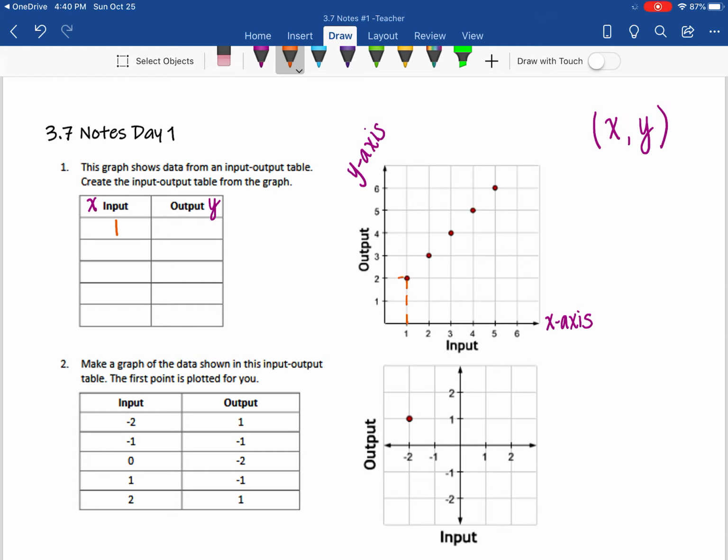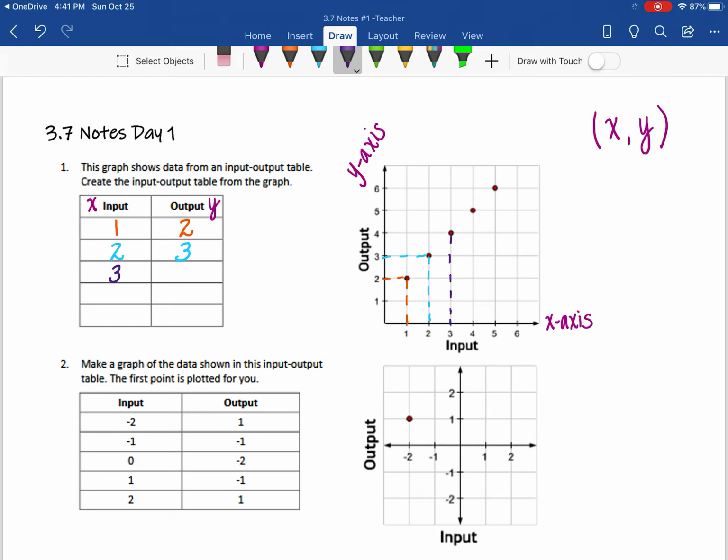And then I'm going to follow it over to the y-axis to find my y value, which is 2. Okay, I'm going to do the same thing with the next point, so I'm going to follow it down to the x-axis to find my input, which was 2. And I'm going to follow it over to the y-axis to get my y value or my output, which is 3. And I'm just going to continue the process.